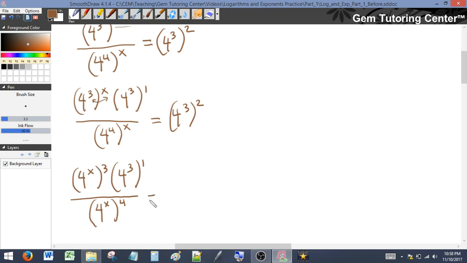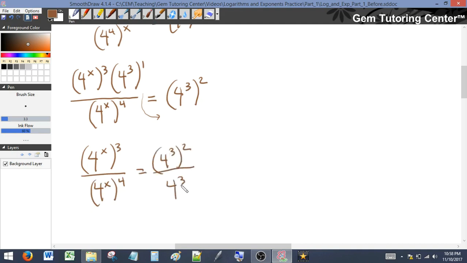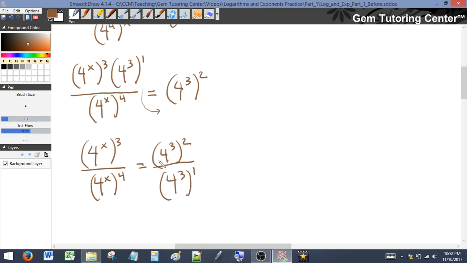So we say equal to, this is still 4 cubed squared. Now what we're going to do is move this 4 cubed to the 1 down here. So we're going to get 4 to the x cubed over 4 to the x to the 4 is equal to 4 cubed squared over 4 cubed to the 1.